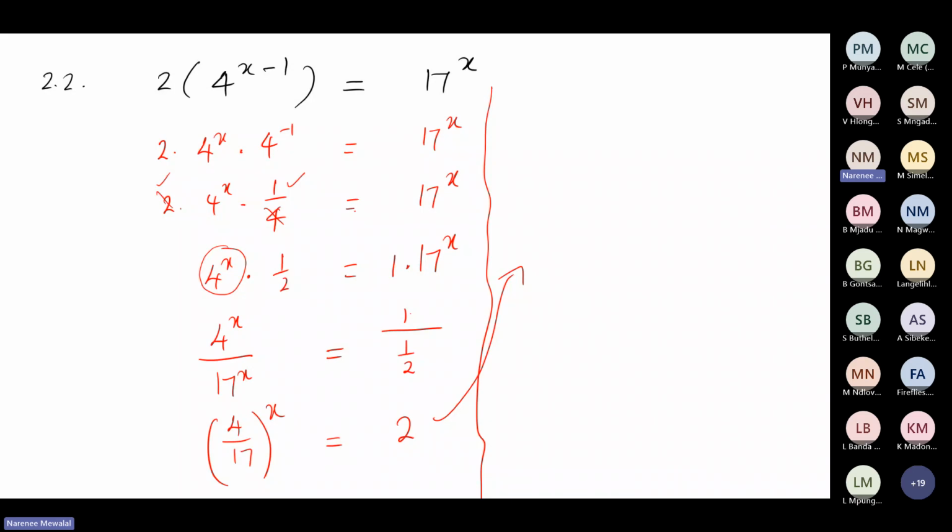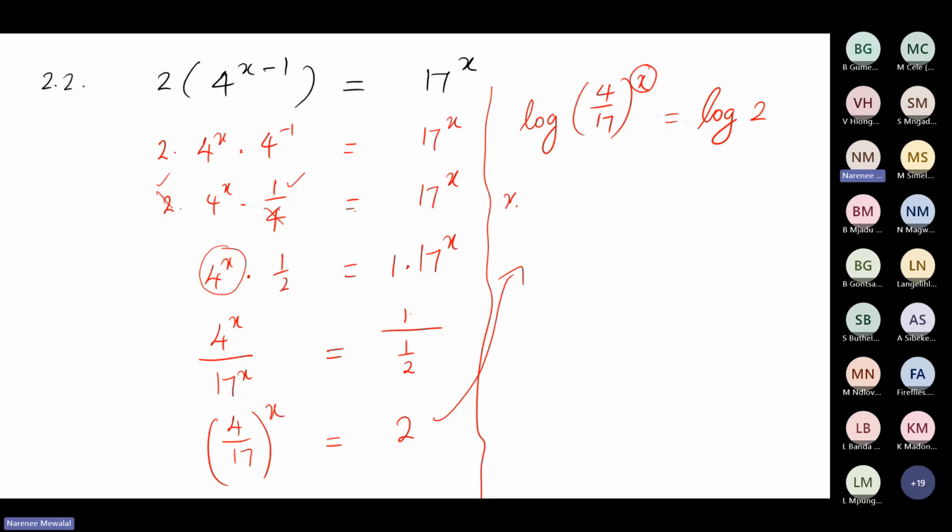So now we have base of 4 over 17 to the power x, and we've got a 2 on the right-hand side. So once again, we're going to introduce the logarithm on both sides. So you're going to get log of 4 over 17 to the power x is equal to log 2. And then using your power laws for logarithm, you're going to move the x in front.